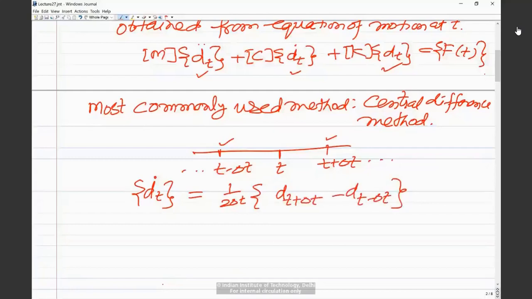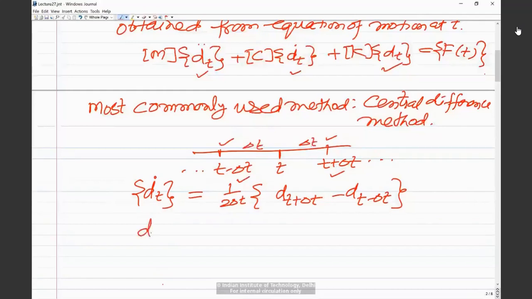So you just take the difference of d at t plus delta t and d at t minus delta t and divide by the time interval. This interval is delta t, this interval is delta t, so the total is 2 delta t.